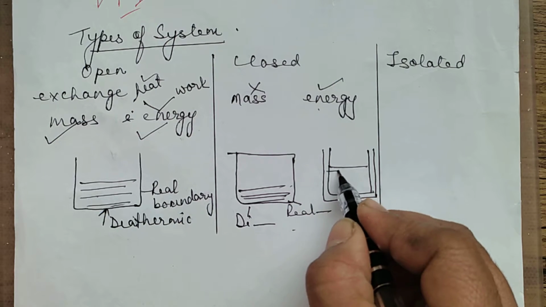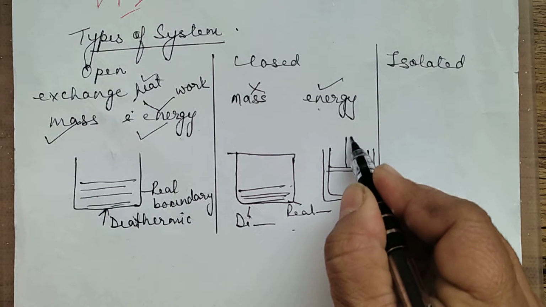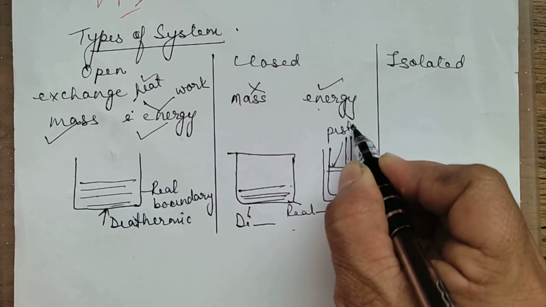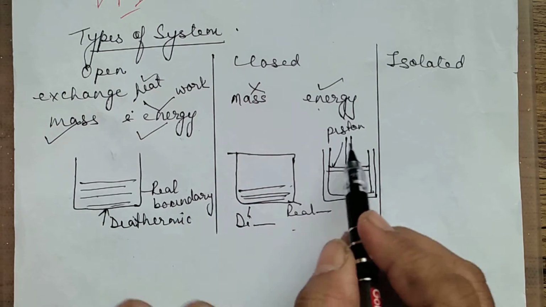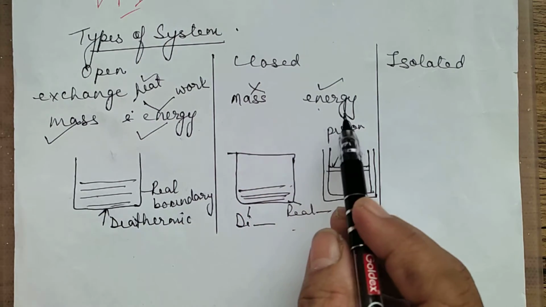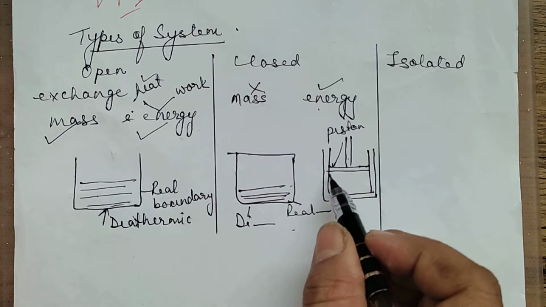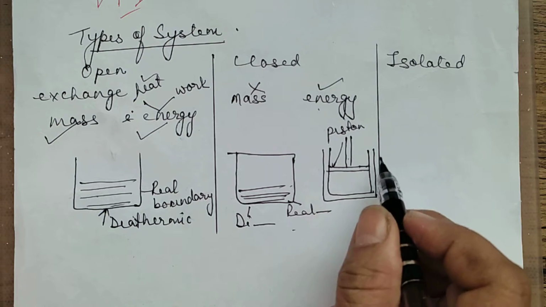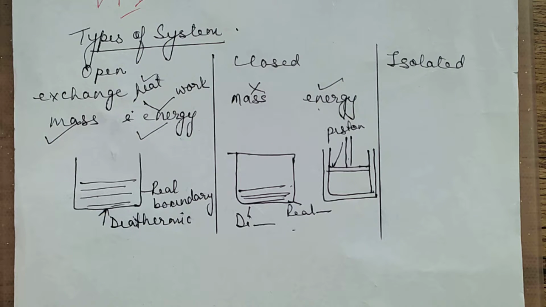And it is fitted with a piston over here. So it is closed, and mass cannot be exchanged. Now, what about energy? You are thinking that this is isolated. This is an insulated container.